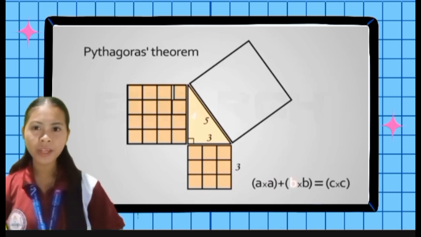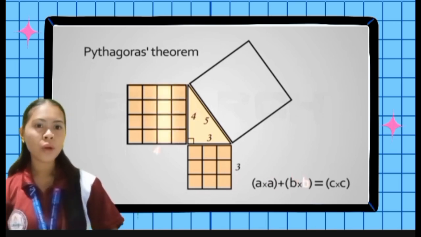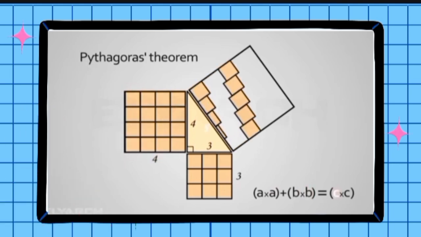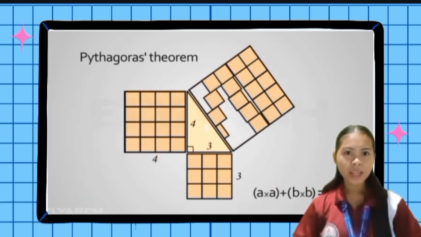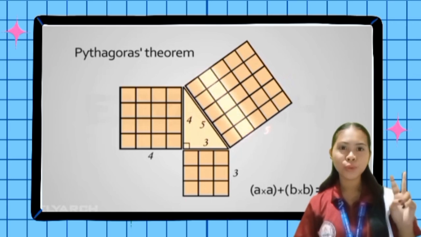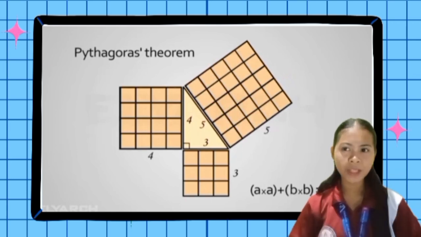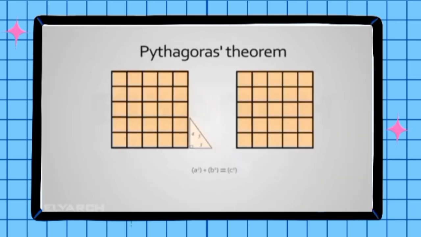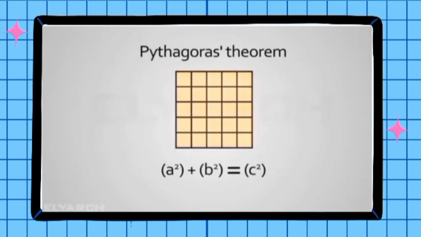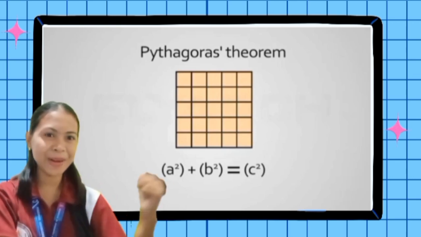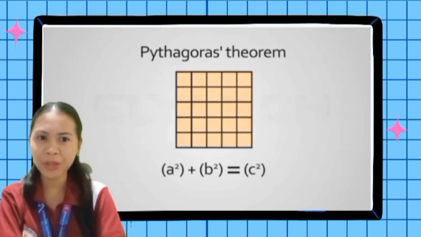And b squared has an area of 1, 2, 3, 4, equal to 16, and c squared has an area of 1, 2, 3, 4, 5, or 5 squared, that is equal to 25. Isn't it amazing? And this is how Pythagoras' theory proves it.